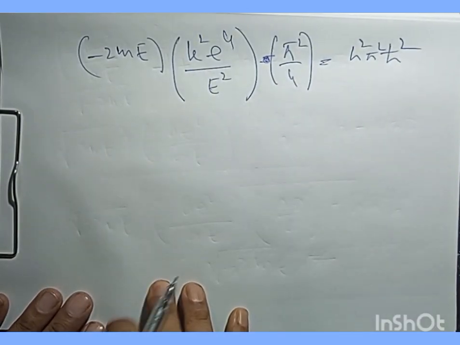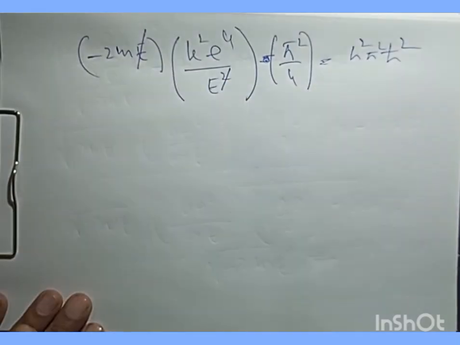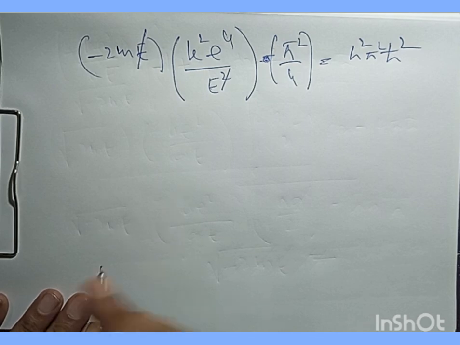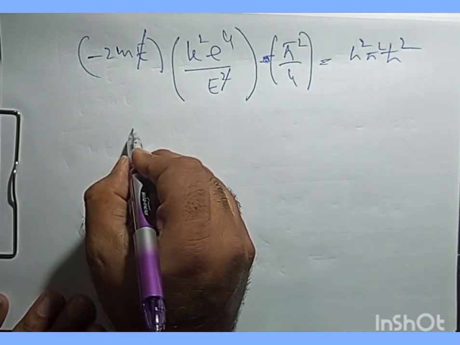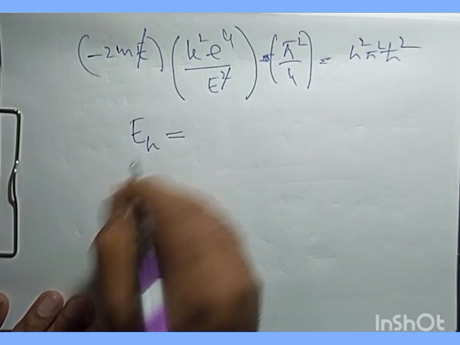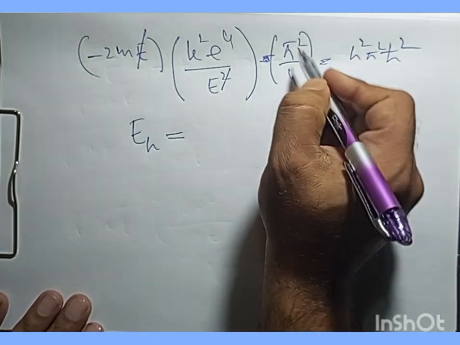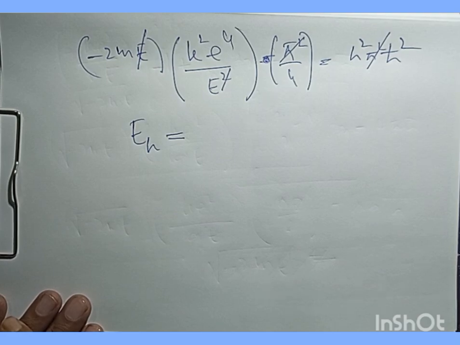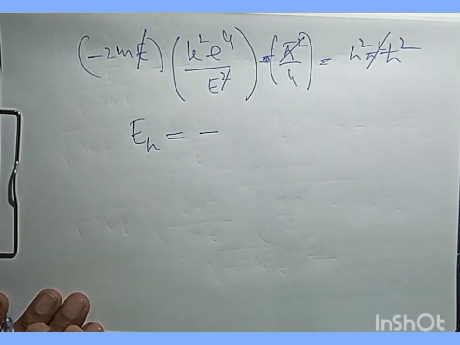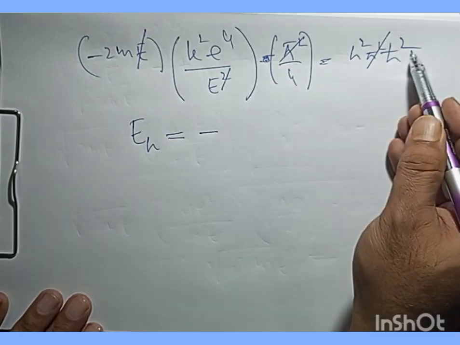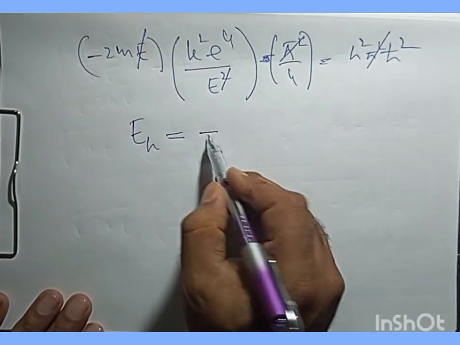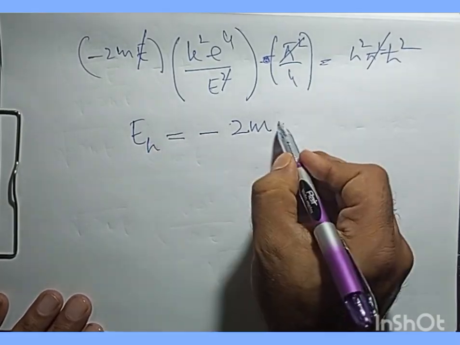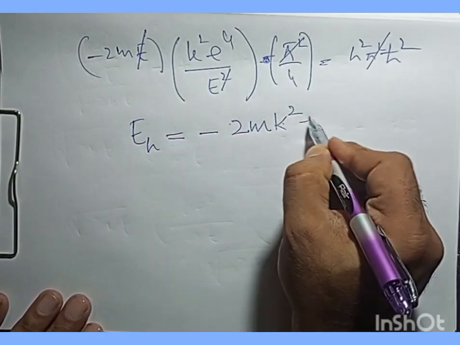Okay, then we can have this square out. And if there is anything else that we can stop down, no. Now we can think of e, so this e will become en. All right, any cancellations? I think this pi square and pi square will go, and we will have minus here. Okay, so this e is taken here, so what I'm left with is minus 2, m, then k square, then e to the power of 4.